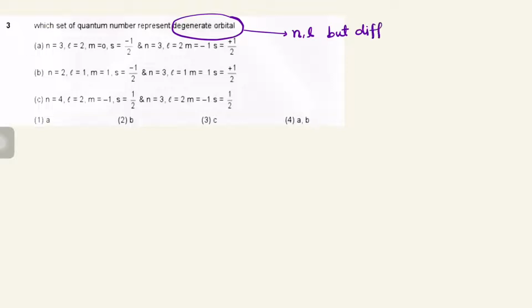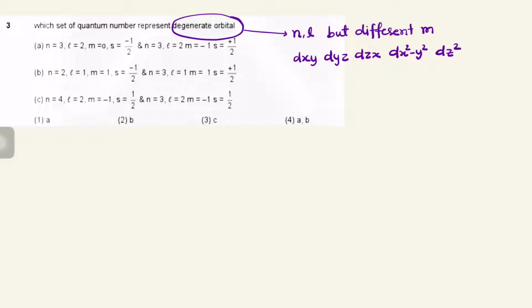So we know that degenerate orbitals are the orbitals having the same value of n and l with different values of m. Degenerate orbital means having the same energy, so same value of n and l, but different m.